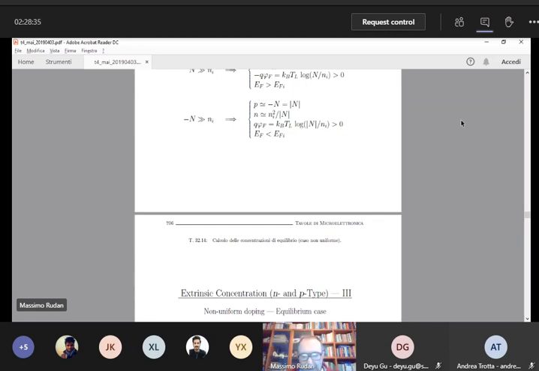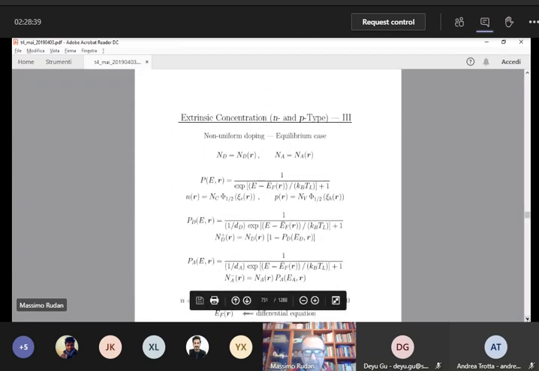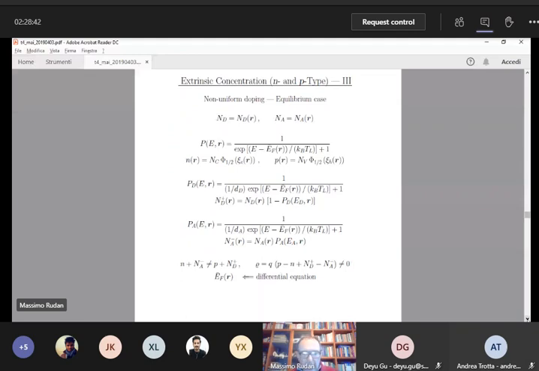So we must now go to the case in which the dopant profile is non-uniform.